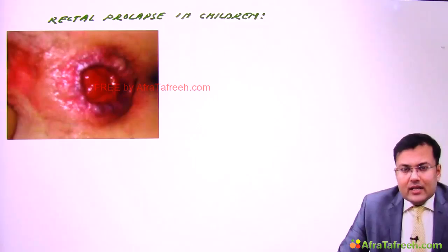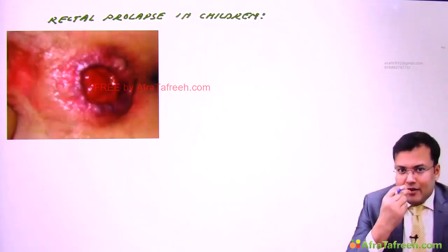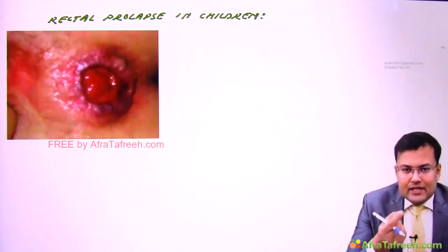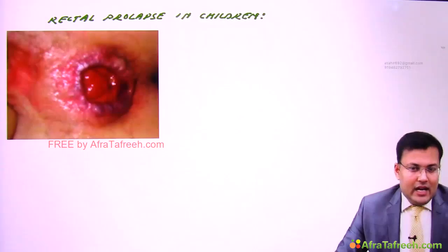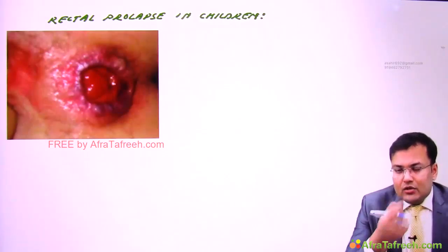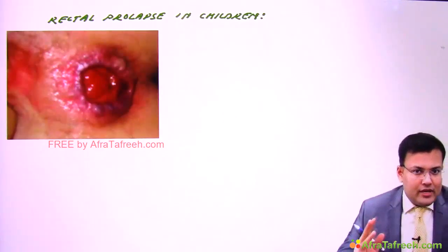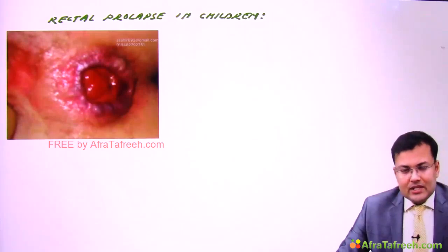Why? These kids are suffering from protein energy malnutrition. And when these patients have protein energy malnutrition, they have the habit of eating soil, that is known as pica. Because of eating soil, there is worm infestation and diarrhea. So three factors: protein energy malnutrition, worm infestation, and diarrhea.